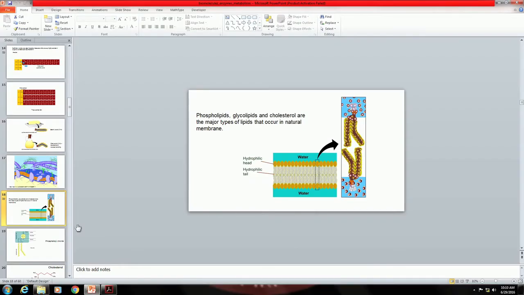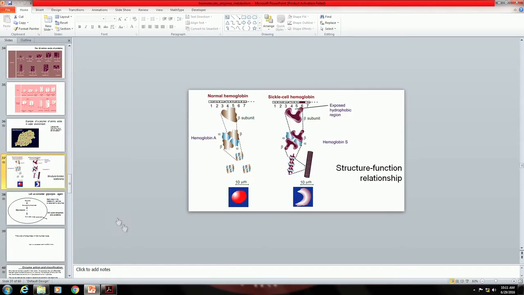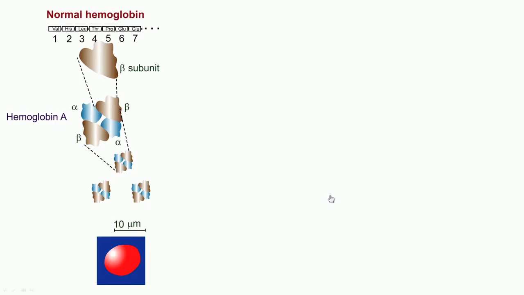We have already seen that proteins, polymers of amino acids, are a large class of important biomolecules in the cell, and there is a structure function relationship, one of which we have seen.